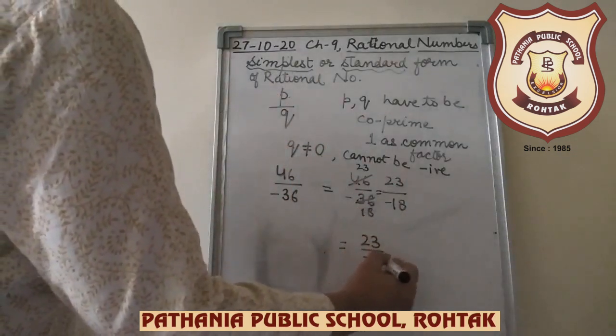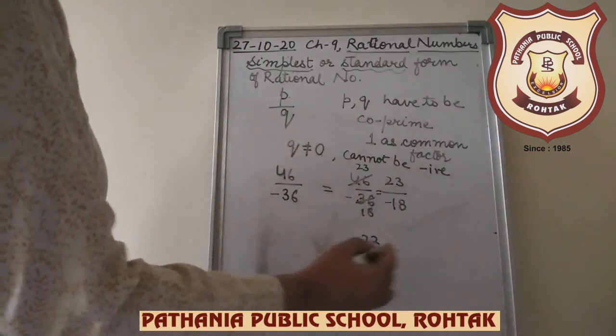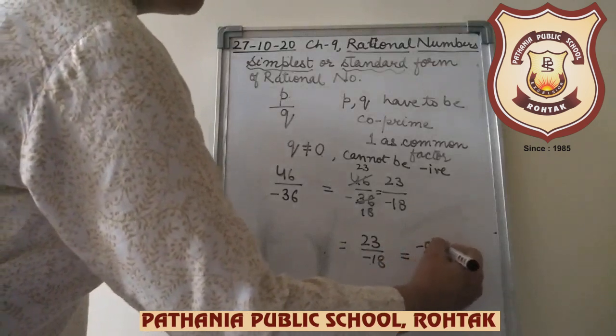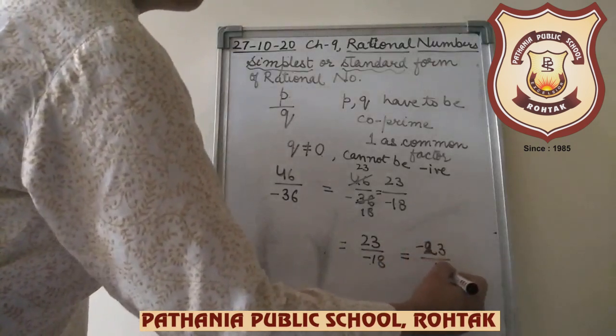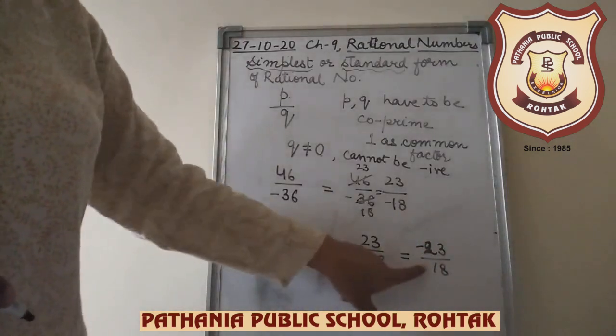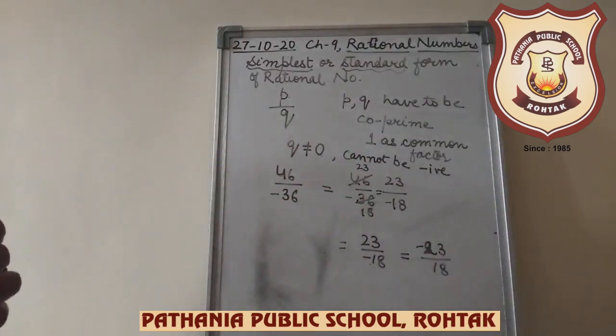23 upon minus 18. But second point, that denominator should not be negative. So how to write? Make the numerator negative. Write denominator as it is, but the negative sign will move to the numerator.